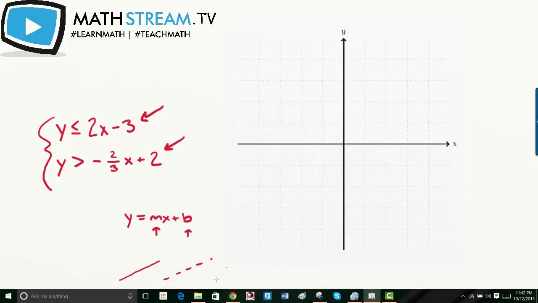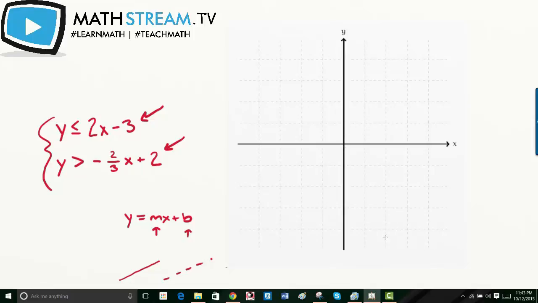And lastly, we shade either above or below based on what the sign indicates. That's all we need to do, use those rules for graphing. Instead of graphing 1 on this xy coordinate plane, we're going to graph 2 on the same plane.